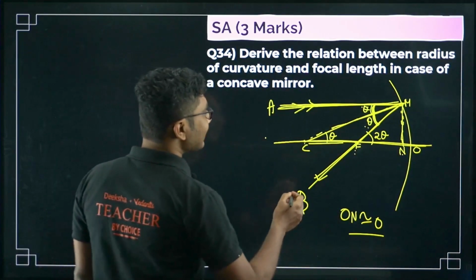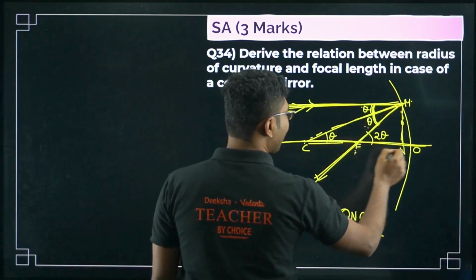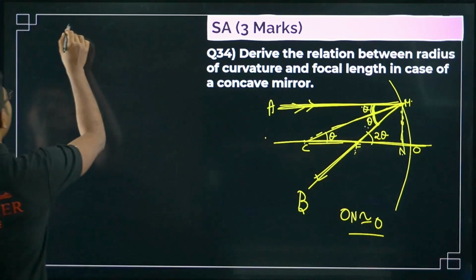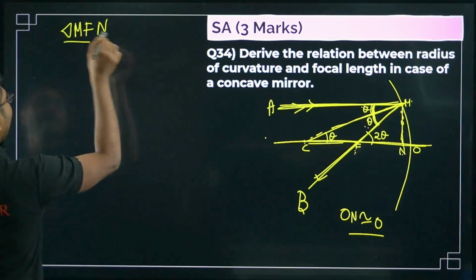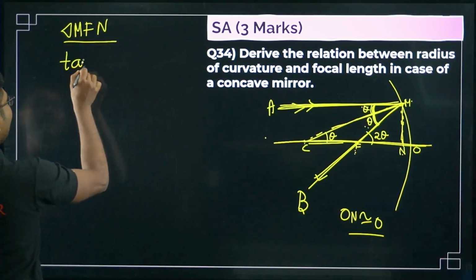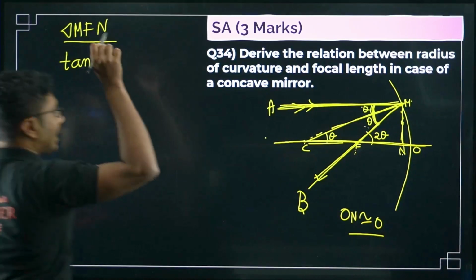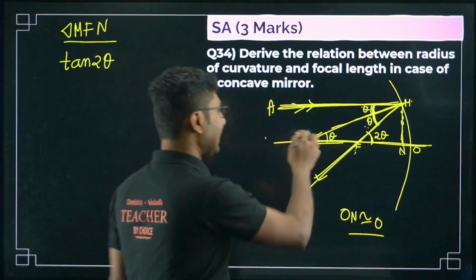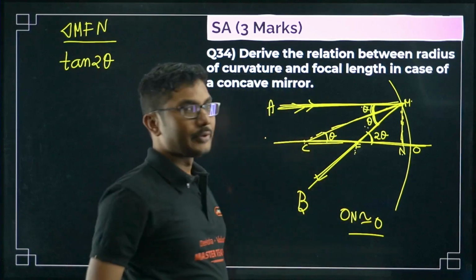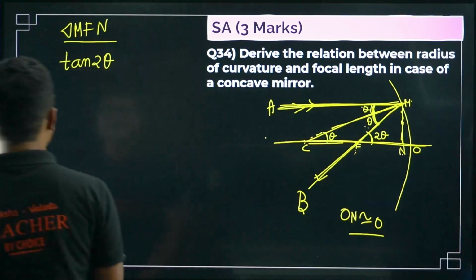Now we will first consider the triangle MFN. For the triangle MFN, we will find the tan of the angle we have calculated. This is 2 theta, so we will find tan 2 theta. What is tan 2 theta?